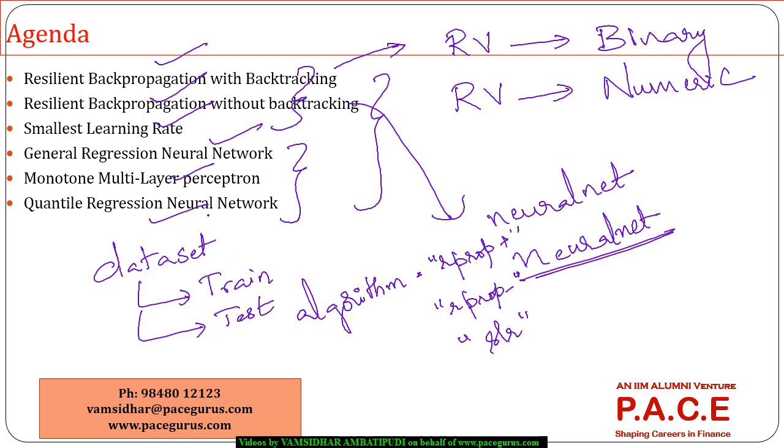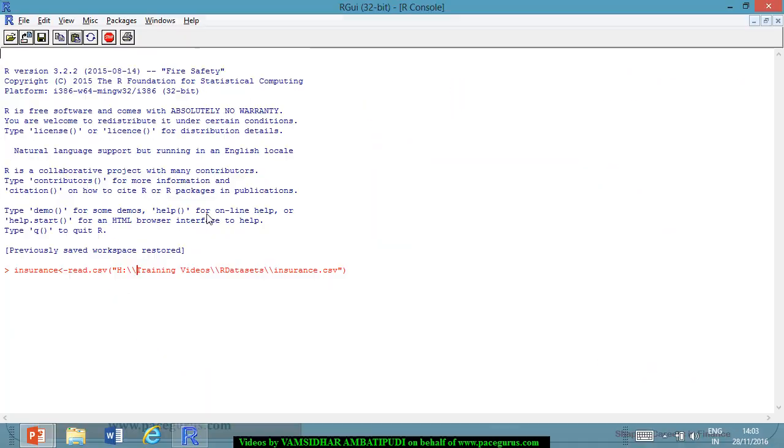The data set that I want to consider for this purpose is the insurance charges related data, which is there in my directory. I'm just loading that into R. Quickly looking at the dimensions of the insurance data, it has 1338 rows and 7 columns.